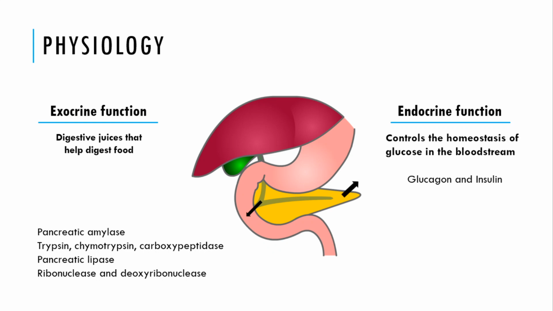The endocrine function controls the homeostasis of glucose in the bloodstream with the production and regulation of glucagon and insulin, and also regulates the digestive function by the production of secretin and CCK.